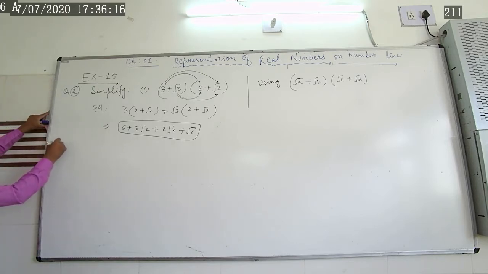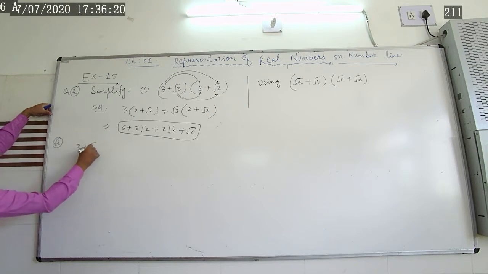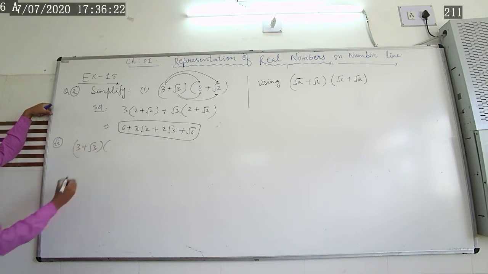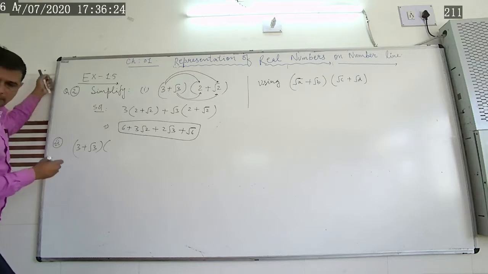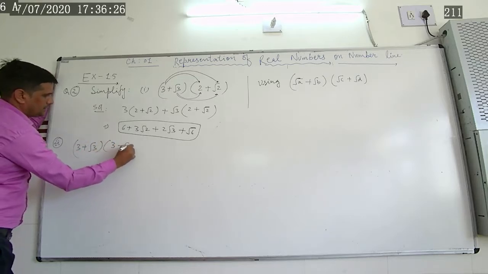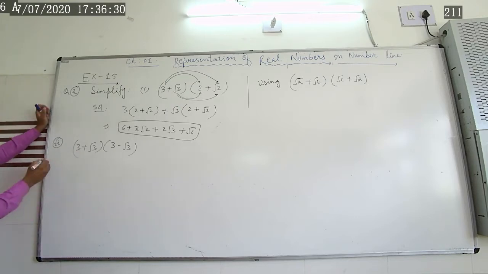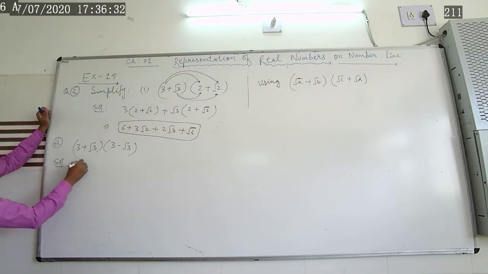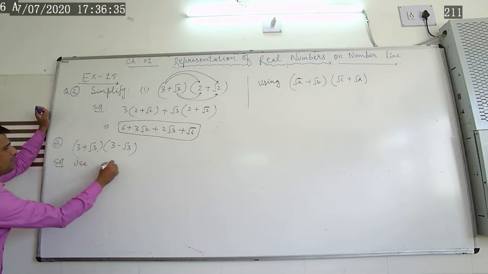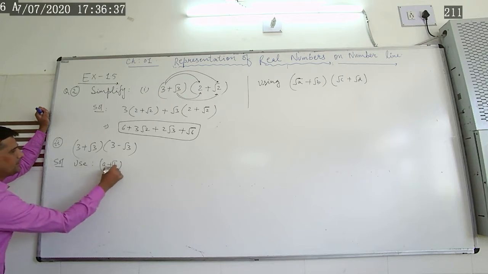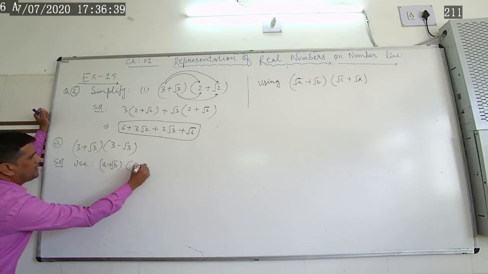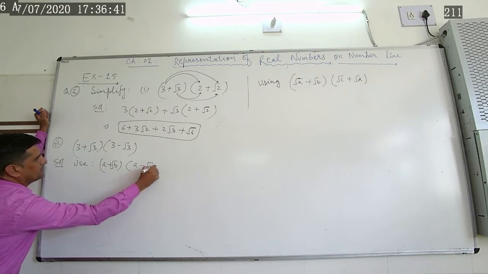Second is (3 plus under root 3) into (3 minus under root 3). Now it is of the type, what can you think about it? Which identity you will use? (A plus B) into (A minus B).